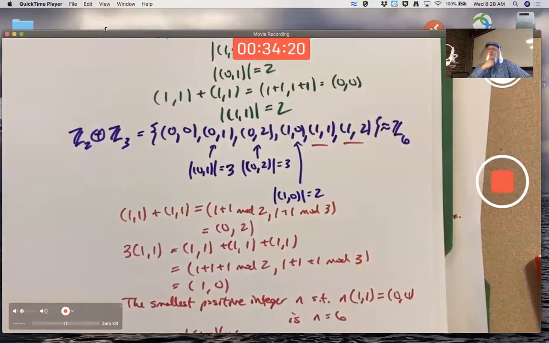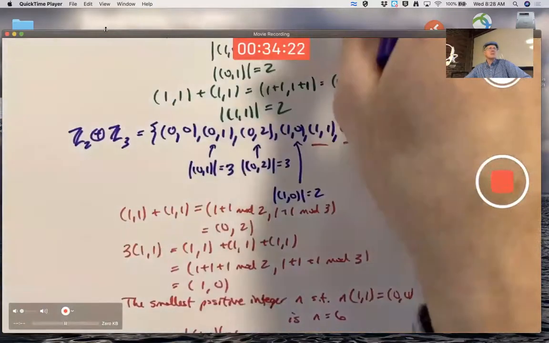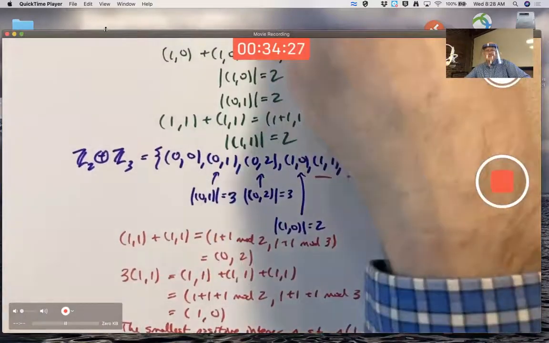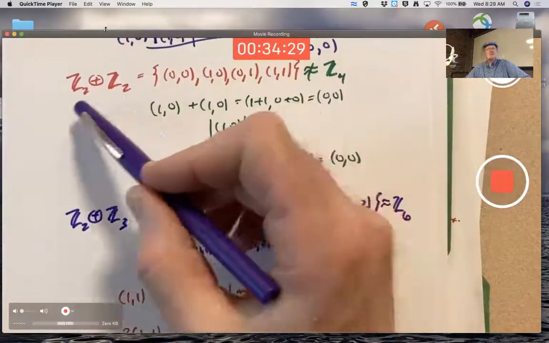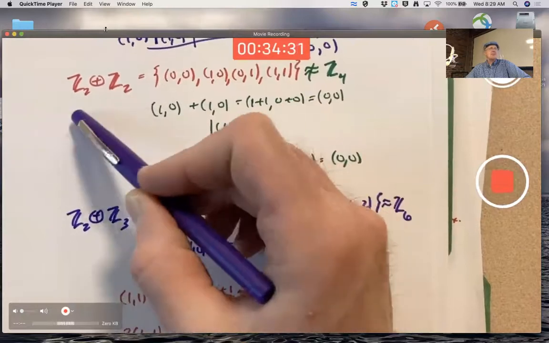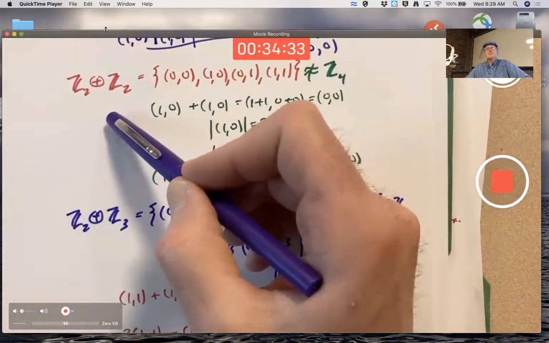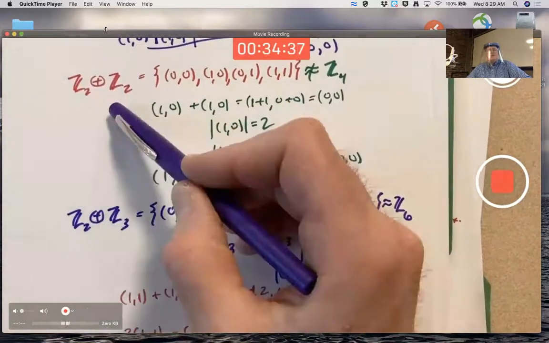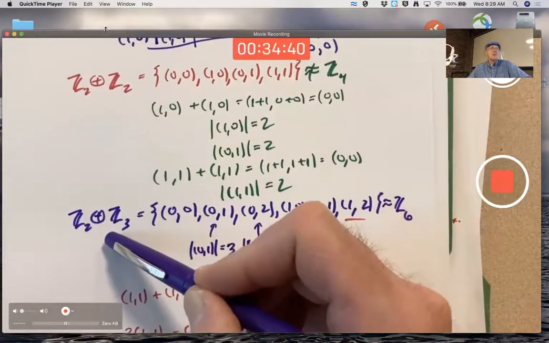Do we have a conjecture about what might happen in general here? One conjecture you might make is if these are the same, maybe you get a cyclic group. And if they're different, maybe you don't, or maybe you do. That might be one conjecture. It's actually not quite right.